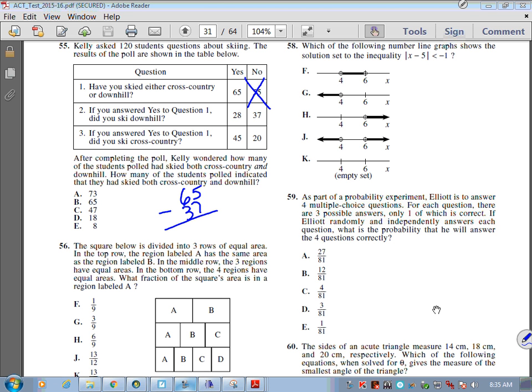If you answered yes to question 1, did you ski downhill? If they said no, we don't want to count those. Obviously there's 28 people because 28 of them said yes. Now in this last part, we don't want to include these 20 people who said that they didn't ski cross-country. So 28 minus 20 only leaves 8 people who could have skied both.